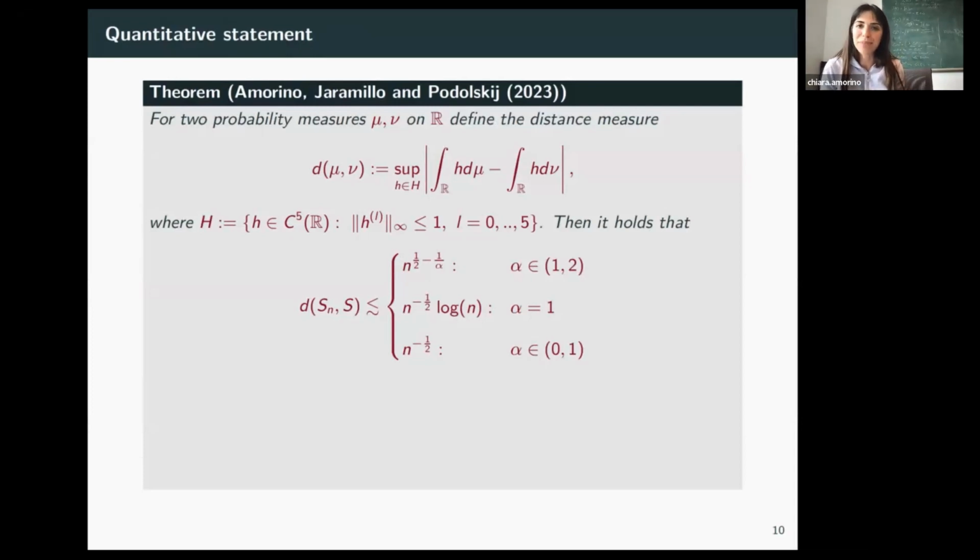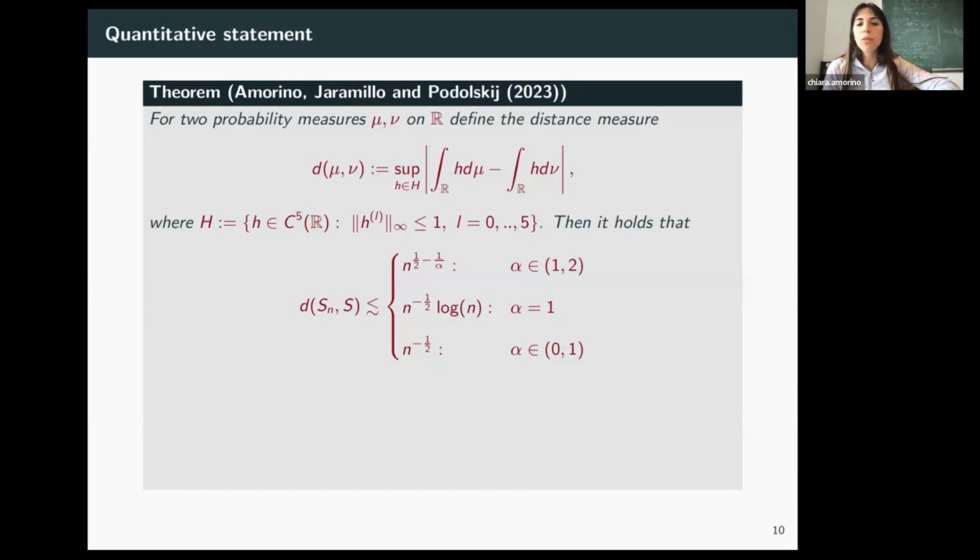In the general case where you have a general Levy process, it's not as easy to read the rate, but this is a representative statement in the sense that the distance, so how fast this convergence is happening, depends a lot on alpha. Alpha dictates the behavior of our process.